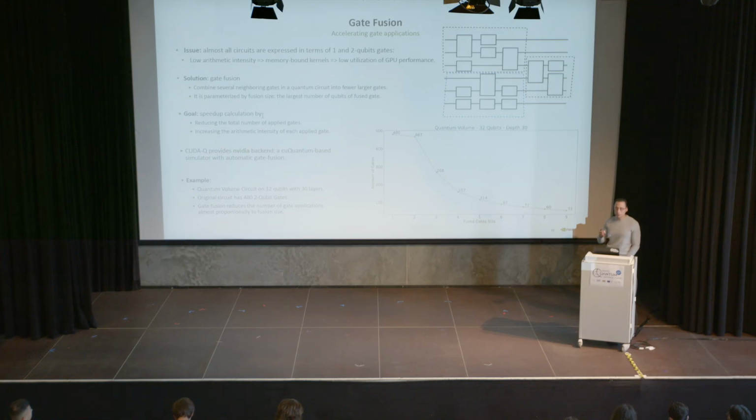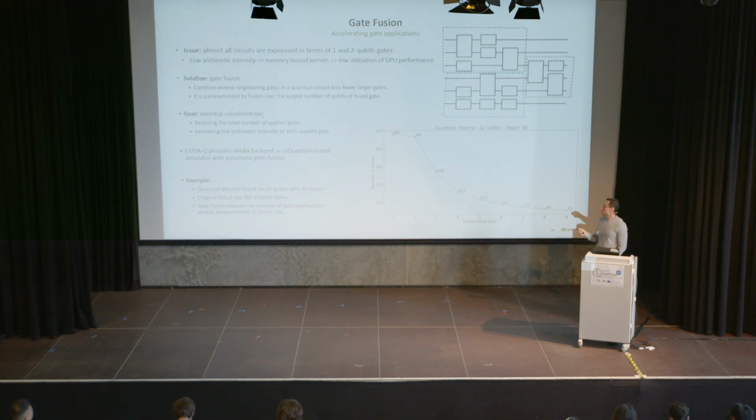This low arithmetic intensity basically means that we have a relatively low number of floating point operations per byte read or written to memory. Such kind of calculation is called memory bound because it will be limited by the bandwidth of the memory of the hardware. And if we don't do anything about it, then state vector simulations won't take advantage of the full power of the GPU. We won't saturate the maximum flops of the GPU.